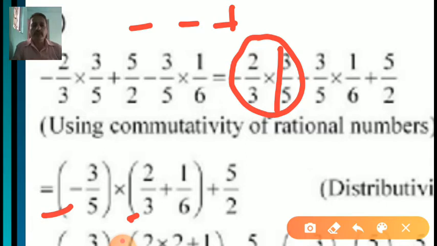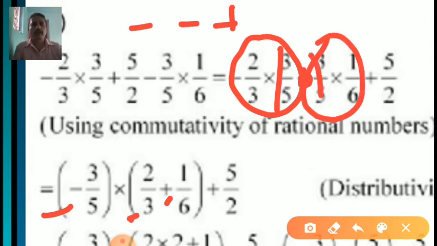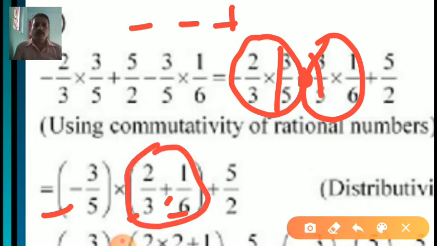Is it, student? Yes, that's why this minus sign becomes a plus sign. Out of this second term, if I take out, I will take out 3 upon 5. What will be left there? Yes, my dear student, that's 1 upon 6. So in the second bracket, you find 2 upon 3 plus 1 upon 6.